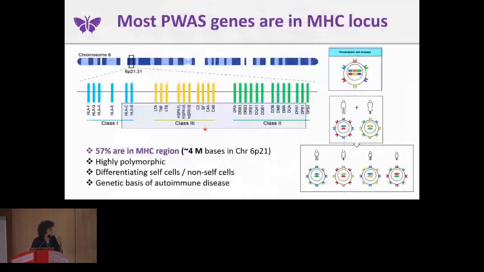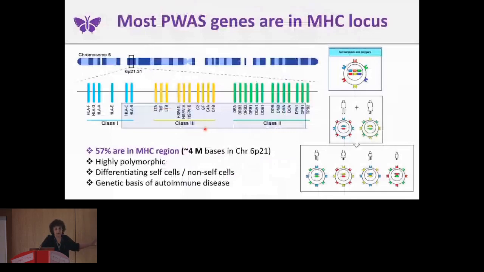So we were able to show, through PWAS, the biological basis of the Hashimoto aspect within the hypothyroid condition. And we see that 60% of our genes are related to this small section in chromosome 6 that's responsible for all our autoimmunity, our self to non-self recognition and everything.